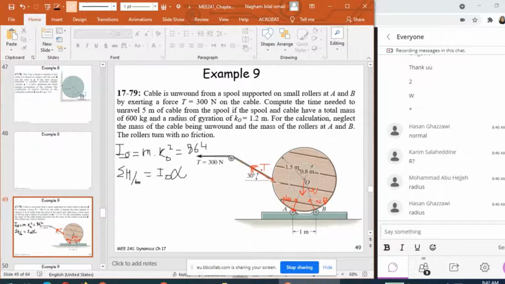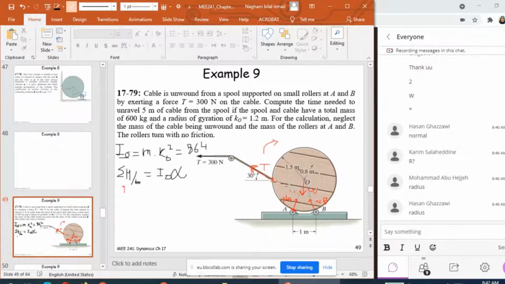The only force that has a moment around O is the force exerted on the disk from this cable, which is T. And what is the distance between T and O? It's given. It's the radius of the small circle, which is 0.8. All right, and don't forget that this T will cause this rotation, right?